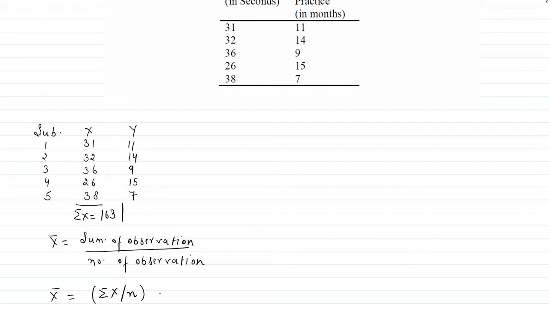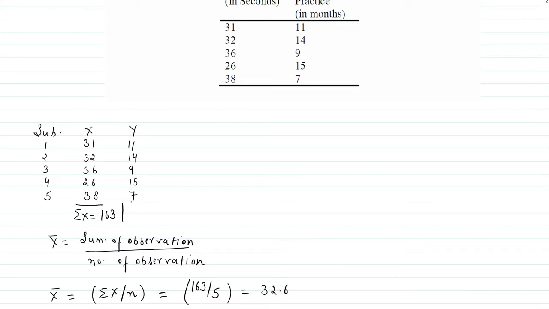Now putting summation of x as 163 and n as the number of samples we have taken, that is 1, 2, 3, 4, 5, a total of 5 samples. So 163 upon 5 comes out to be 32.6.